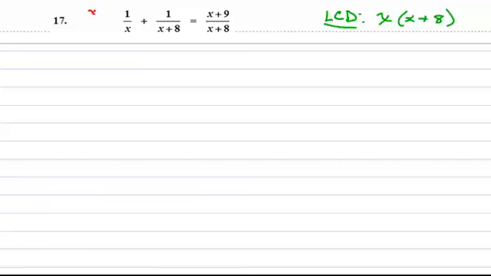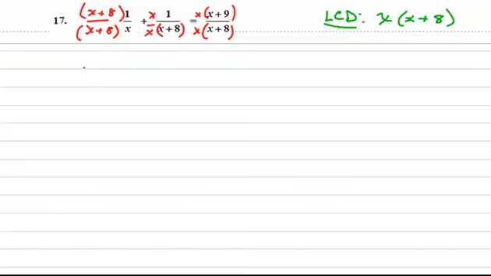So here we would be multiplying by x plus 8 over x plus 8. Here we'd be multiplying by x over x. And here we'd be multiplying by x over x. So this is the format we used when we were adding and subtracting, right? We multiplied by what was missing.